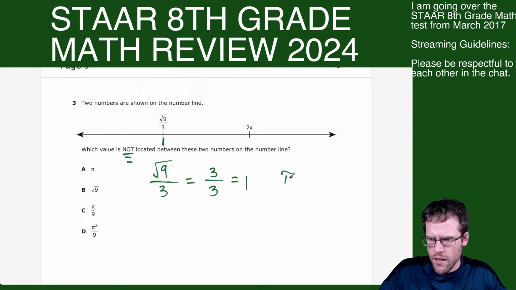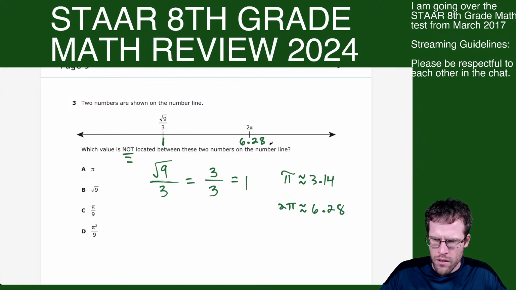And now pi is roughly equal to 3.14159 and so on. But if I stop it here, I could say 2 pi is roughly 6.28. Okay, so if I want to practice some no calculator stuff, I'm looking for a number here between 1 and 6.28.